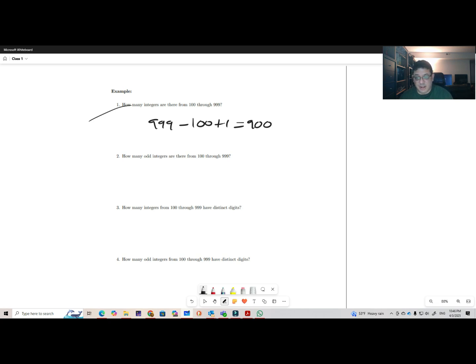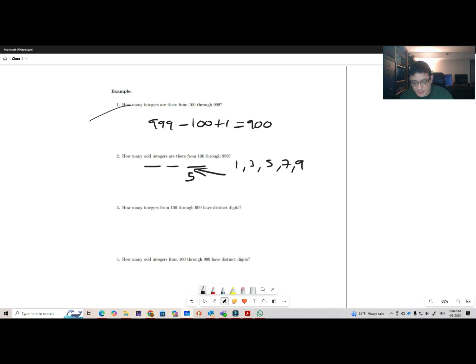Question number 2 says, how many odd integers are from 100 through 999? Because these are 3-digit numbers, to be odd, I only care about the last one being an odd number. So for the last one, I need to have 1, 3, 5, 7, or 9. So I have 5 possibilities for this one.